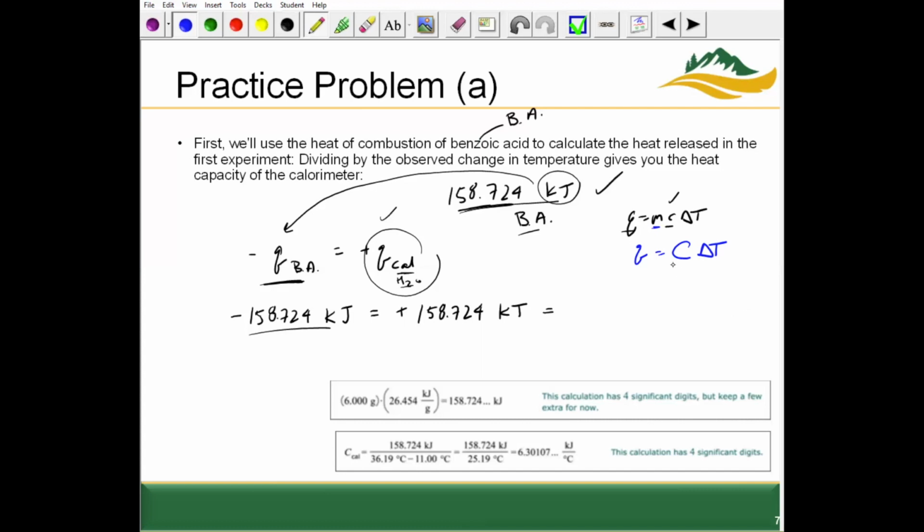So we don't know the heat capacity of the calorimeter, but we do know how much heat it would be absorbing from the benzoic acid combusting, and we know the temperature change of the water. So we're going to use this information about the water and about the benzoic acid to find the heat capacity of the calorimeter.